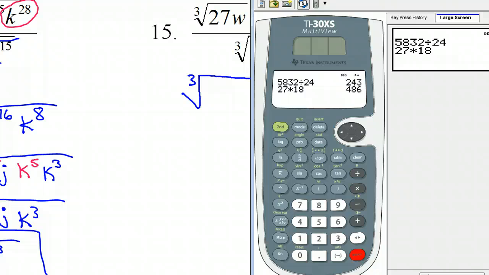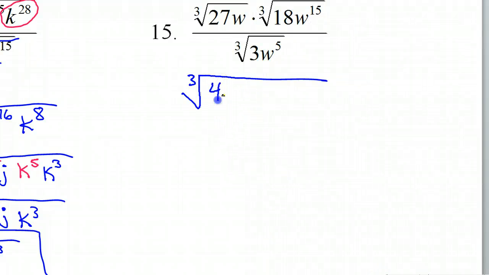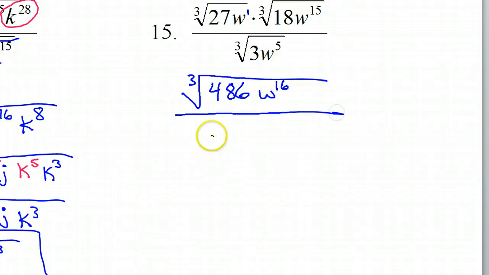That's 486. That'll be w to the 16th power, w times w to the 15th, you add them up. And then we still have this over the cube root of 3w to the fifth power.